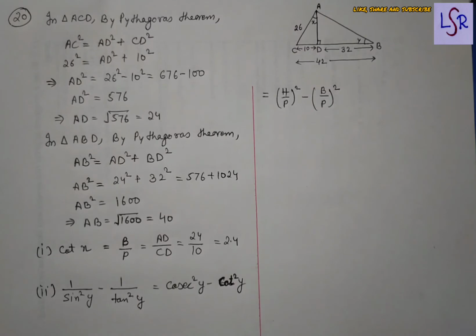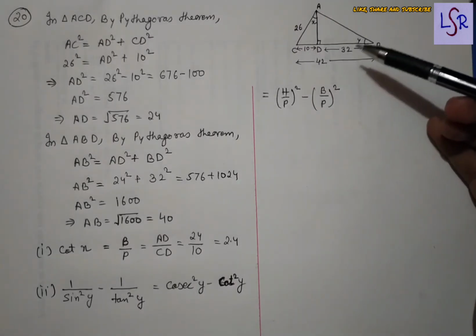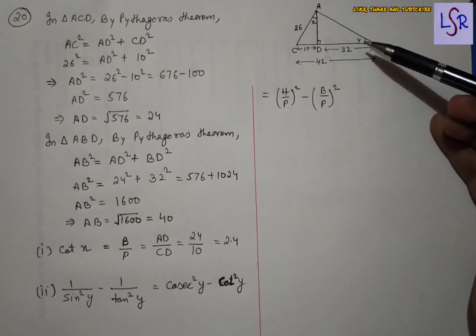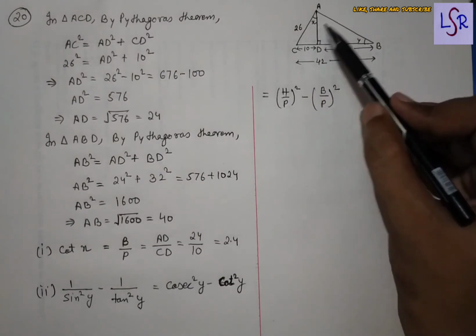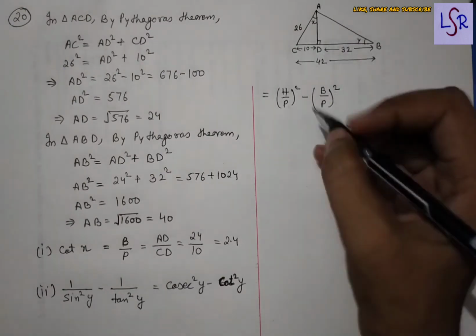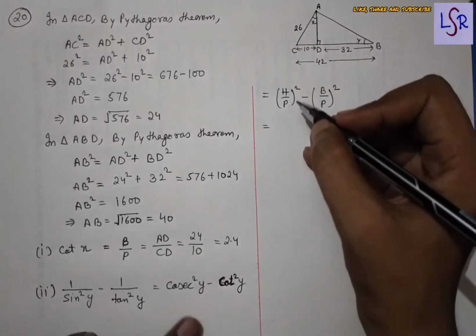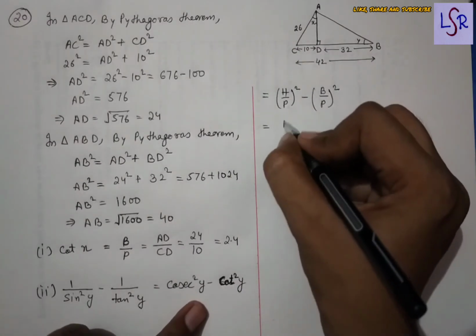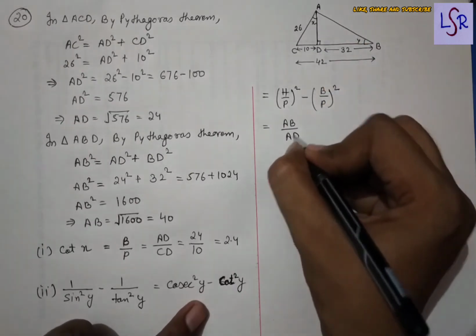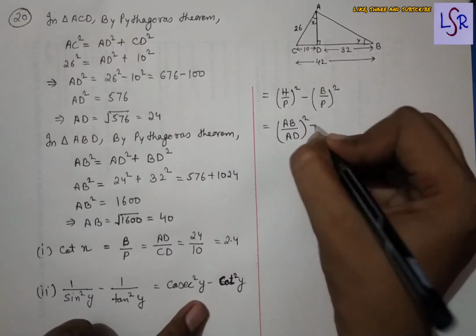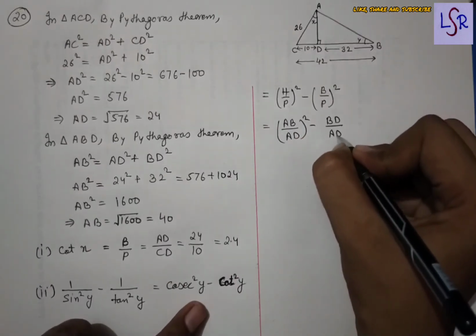Now after placing the values, we see the y is over here, and for this y, this will be the base, this will be the perpendicular, and this will be the hypotenuse. So here it can be hypotenuse AB upon perpendicular AD, the whole square, minus BD upon AD, the whole square.